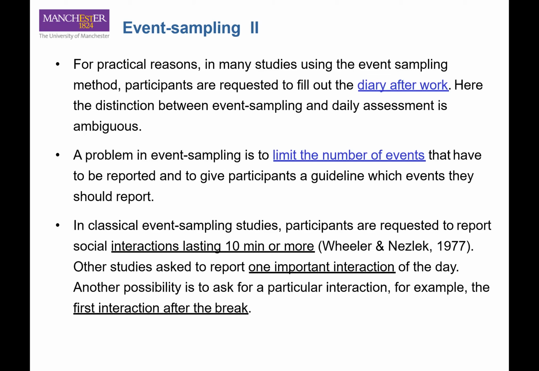Other studies ask to report one important interaction of the day, so we ask the participants to record the most important interaction of the day, to see how this affects people's behavior and their thinking. Another possibility is to ask for a particular interaction, for example, the first interaction after the break.